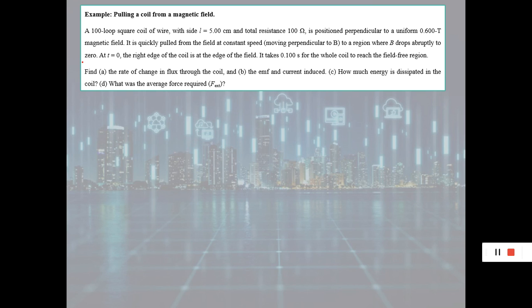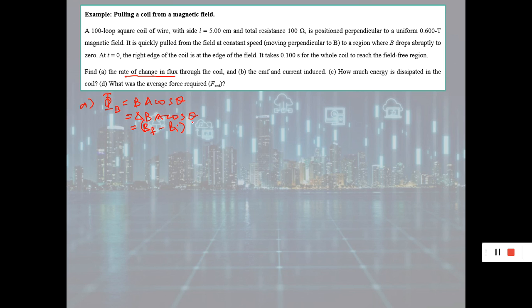So this question asks the rate of change in flux. For part A, magnetic flux is BA cos theta. For this one, the change in B, times A cos theta. So change in B here is B final minus B initial.